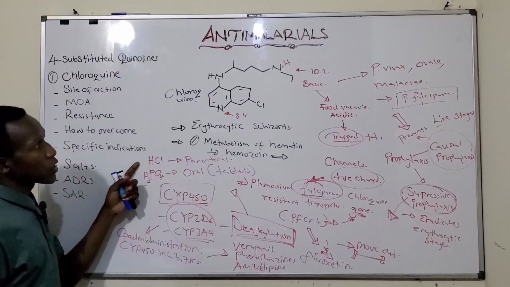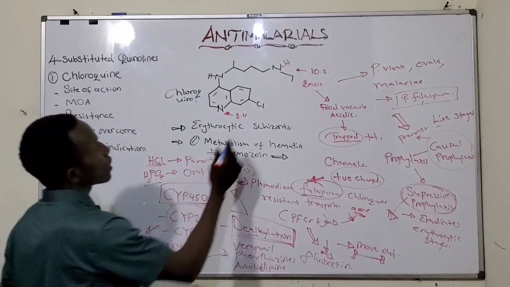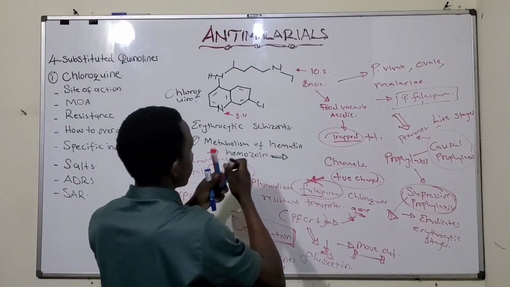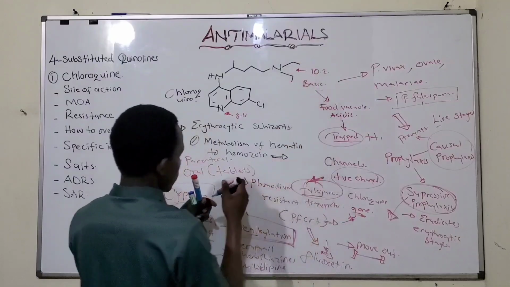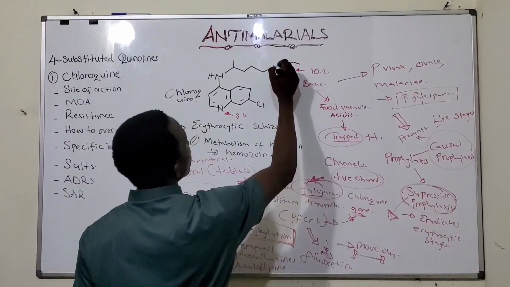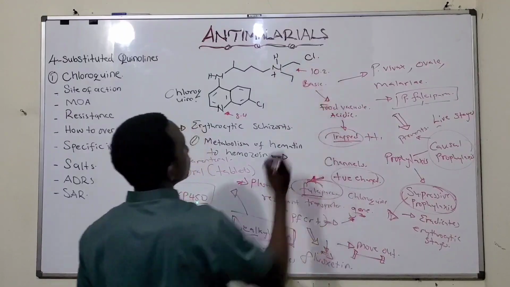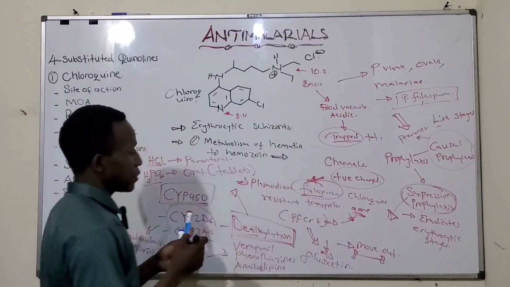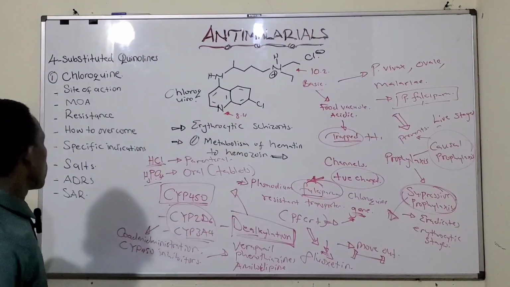Those are the main salts we have: HCl salt and phosphate salt. If it is HCl, we shall have here the ethyl group, and that's the HCl salt. If it is phosphate, same thing.